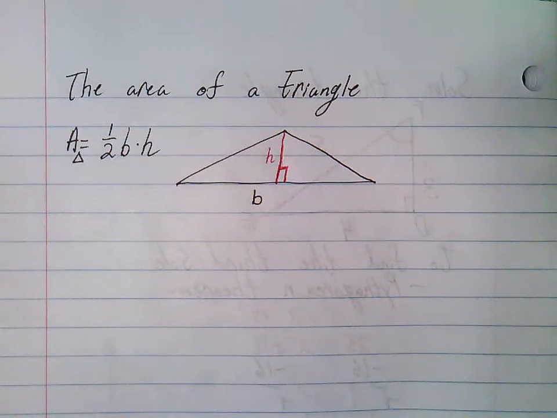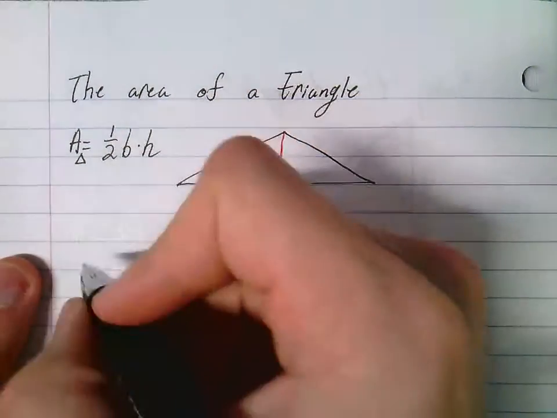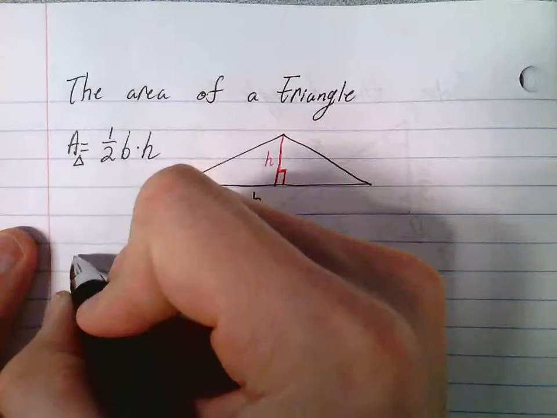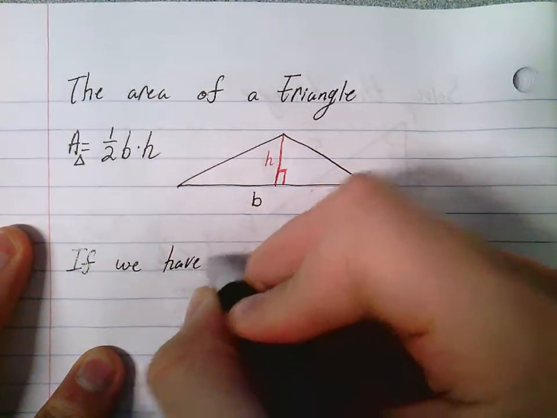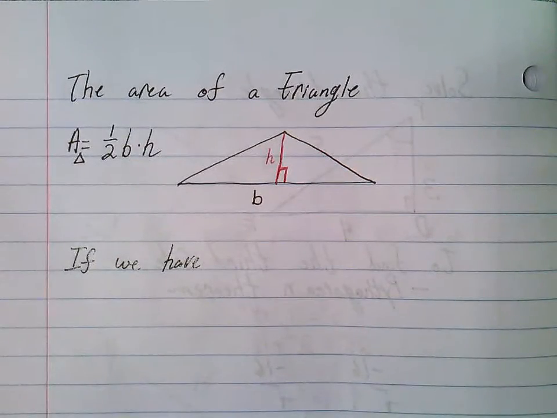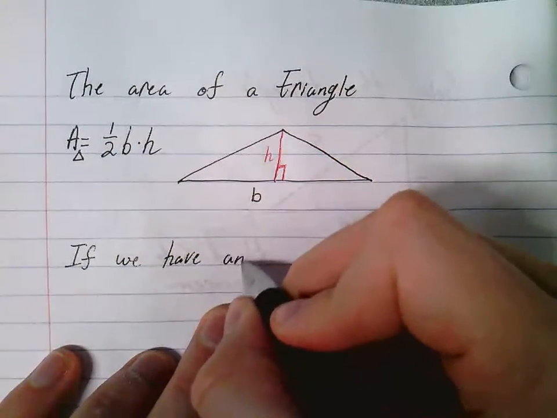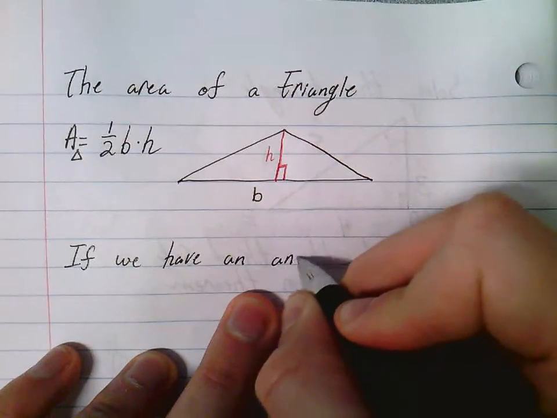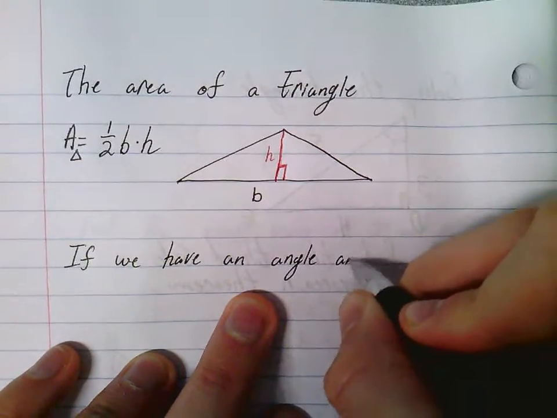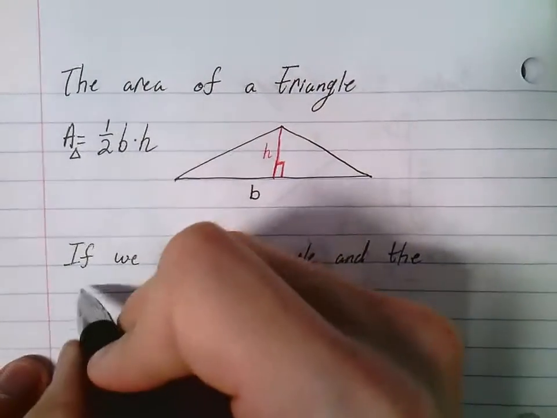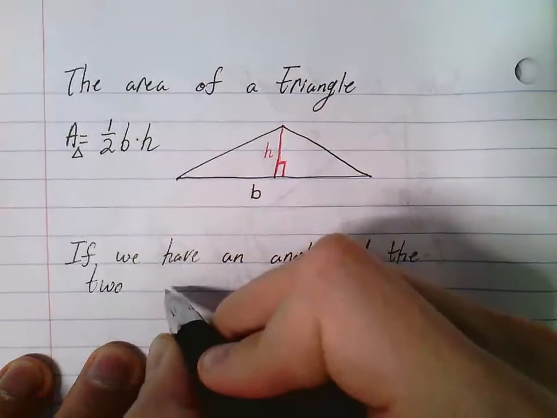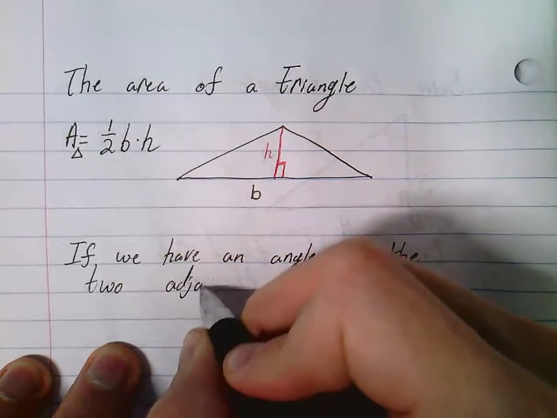Okay, so we found area using this previous method, but now we've got trig functions. And what we can say is that the area of a triangle can be found if we have an angle and the 2 adjacent sides.